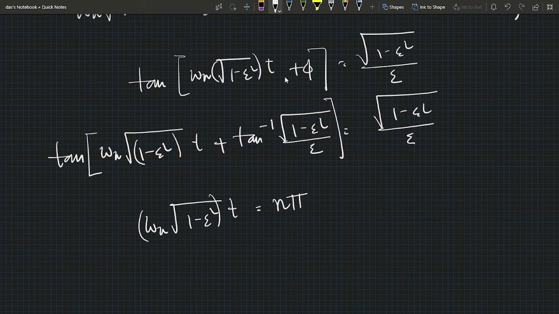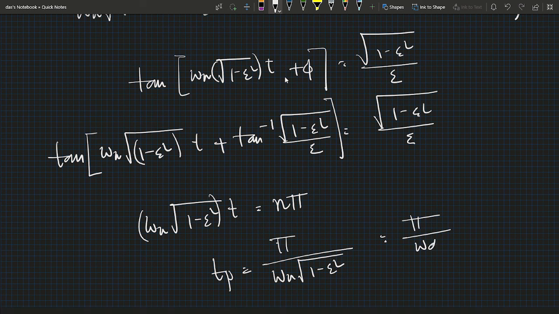Now the peak time is the instant of occurrence of the maximum overshoot, when n equals 1. First putting n equal to 1, therefore peak time equals pi divided by omega n root 1 minus zeta square, that means pi by omega d basically.